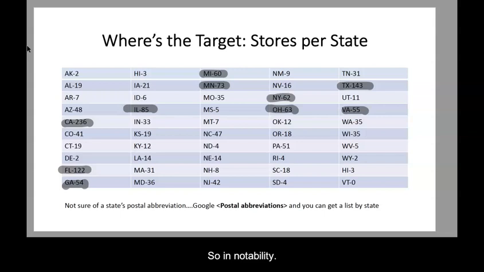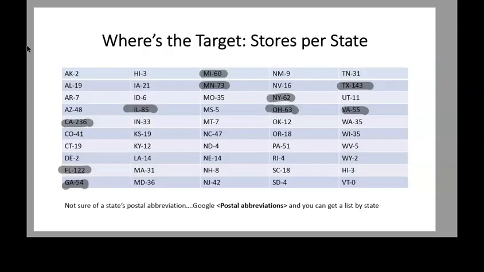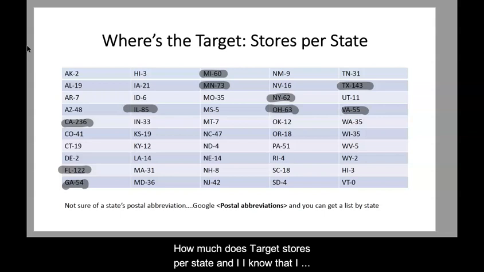So in Notability, what I did was I went to this target stores per state, and I know that I wanted to get the top 10 states, and the color I was going to use for that was black. So I went to the highlighter pen in Notability, looked for the black highlighter, and started scanning through the list for the 10 states that had the most targets.